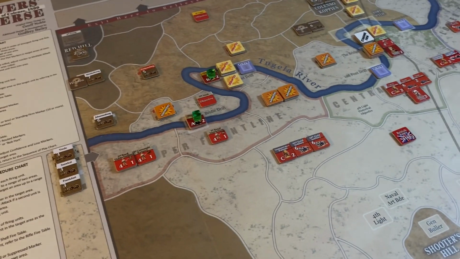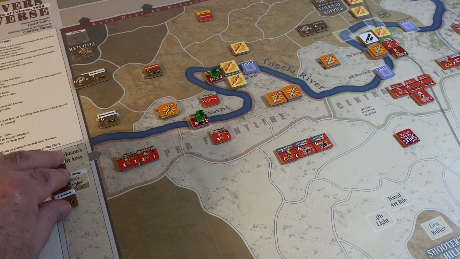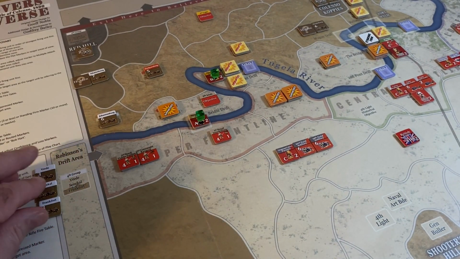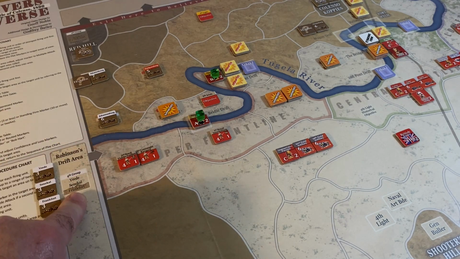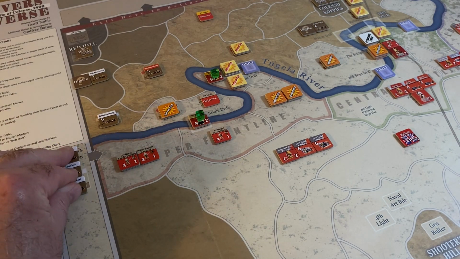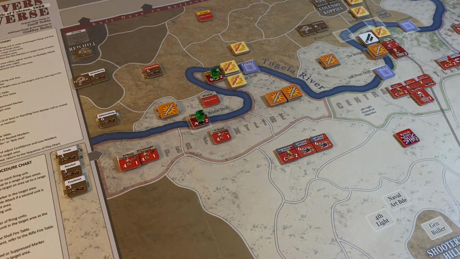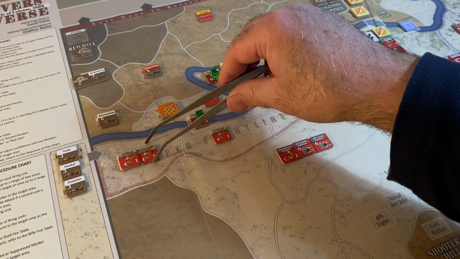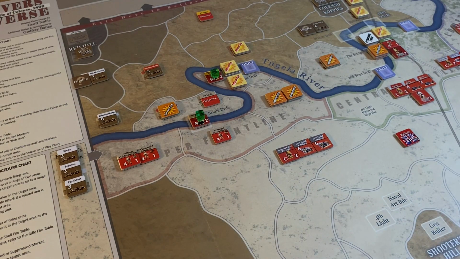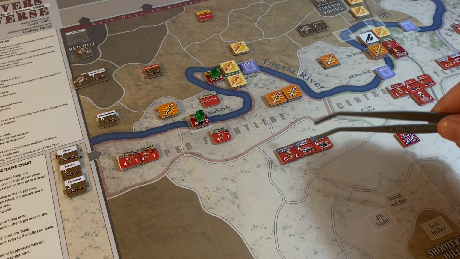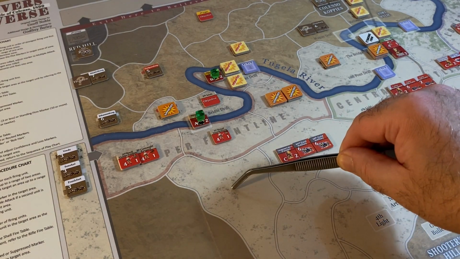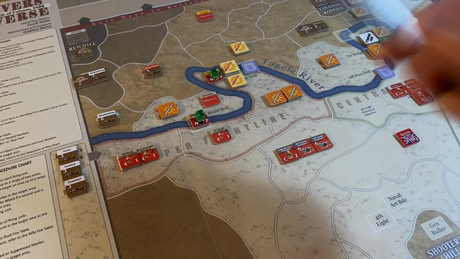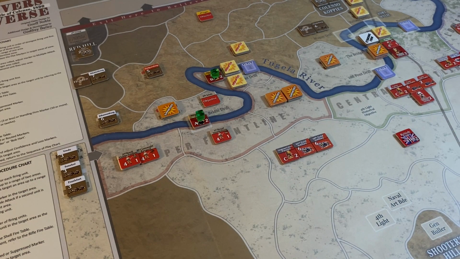Yeah, and I'll tell you what else is worrying, because we're in turn 5 now, and these guys are all in this Robinson's Drift area. The 3 of them sitting here with an arrow pointing into there, which kind of tells me they're going to come into this area. Which is maybe then not a reason to put an artillery unit in here, because if they go into that area, then that's a bit vulnerable.